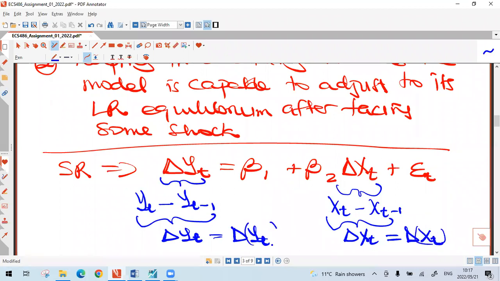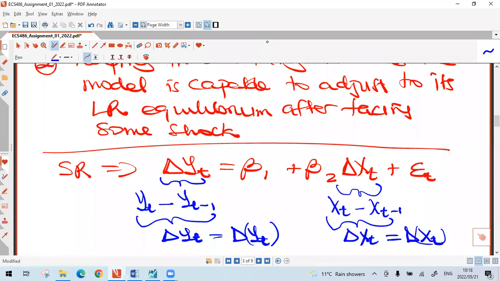You can even put it like this, right? I really want you to follow here. If you look closely at our short run equation, you can see that it's in difference. So in your ECM, you shall see that you are going to have some variables that are differenced, right?